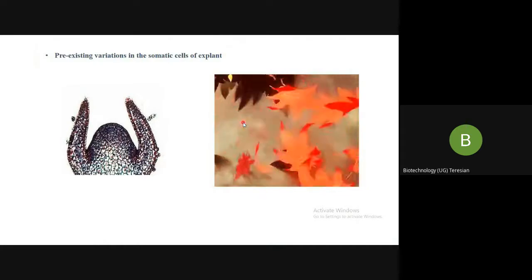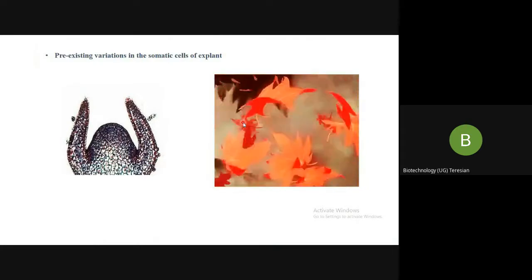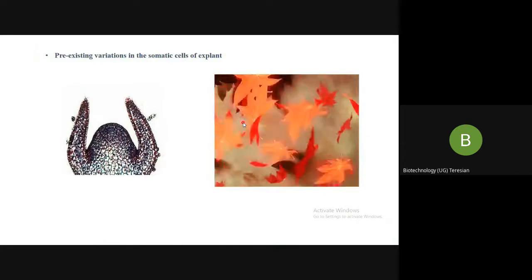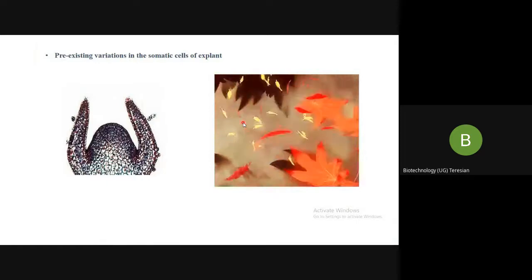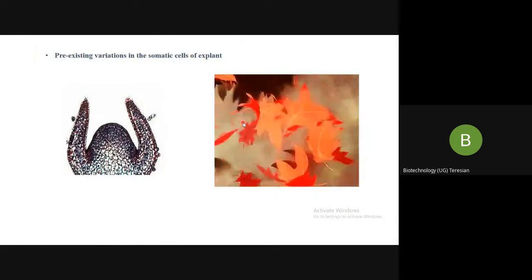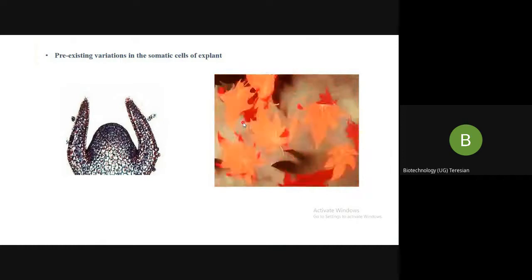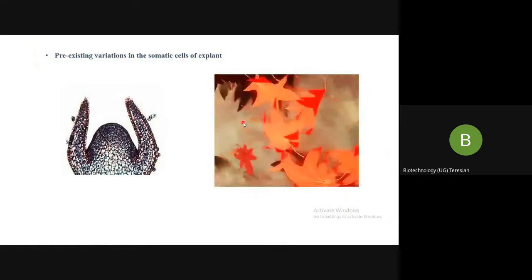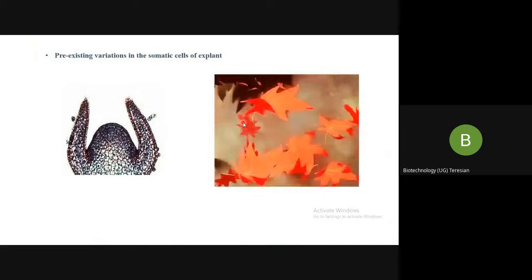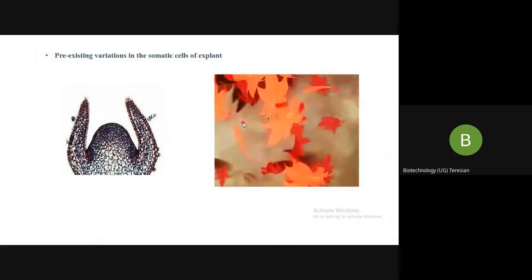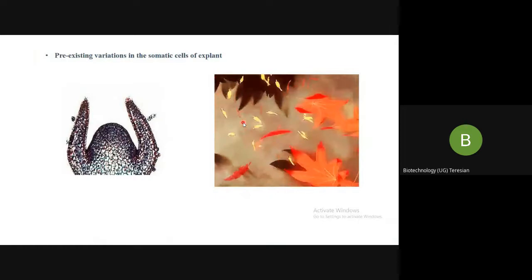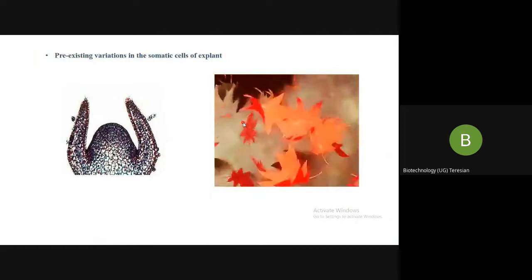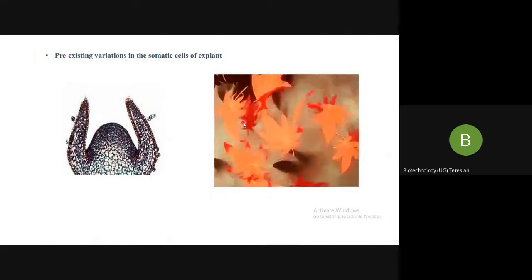So why is this happening? This happens because when we say a cell is specialized, it depends on the age, or the differentiation or de-differentiation they are undergoing, or the duplication and endoreduplication that they are undergoing.